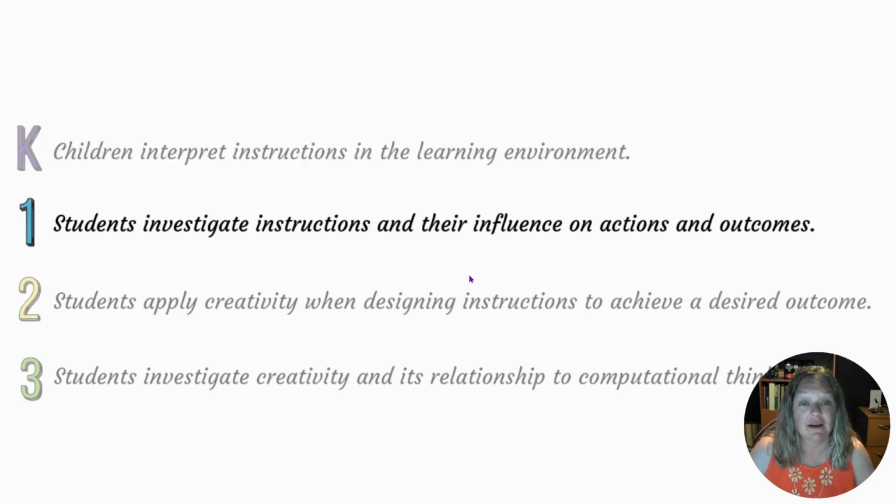It's really going to cover off the grade one gap for you as well, because we just see a slight shift up into that students are now investigating instructions as well as their influence on actions and outcomes. So we could be seeing some cause and effect type relationships when we're looking at how the instructions are influencing actions. So again, something that you can fairly easily fill those gaps just by making connections to things that the students really already know. They just may not have been framed in specifically this way.